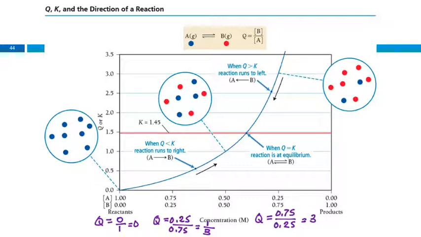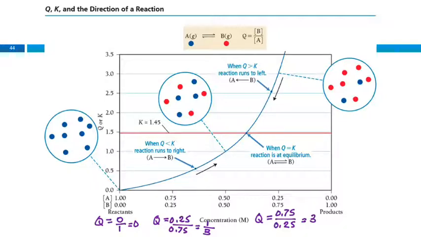If you don't know what K is, how are you going to find it? Well, you have to know what K is. But didn't you say that we use QP and QC when we don't know the initials? Well, we use those when we're not sure which direction the reaction is going to go. So I have this reaction, I throw in a bunch of reactants and products.